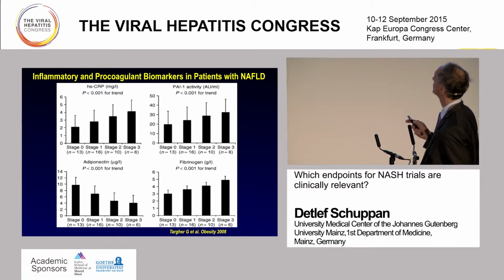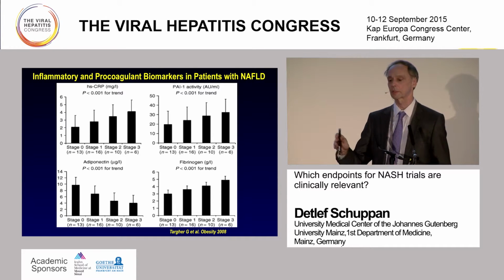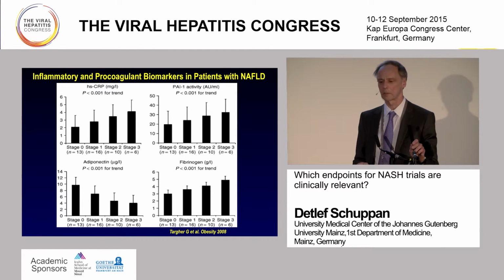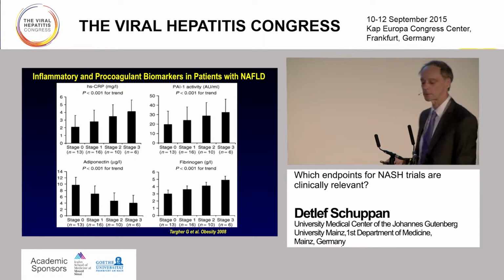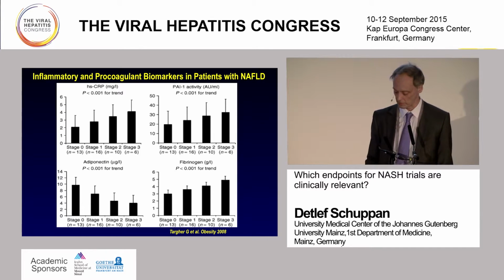It's not significant between stage 0 and 1, and there's low numbers of patients, but there's a clear-cut trend, and the trend is highly significant. And PAI-1, plasminogen activator inhibitor, or also adiponectin, which is inversely correlated, and fibrinogen, which is again correlated with the degree of fibrosis, which again is somehow correlated to the degree of steatohepatitis.